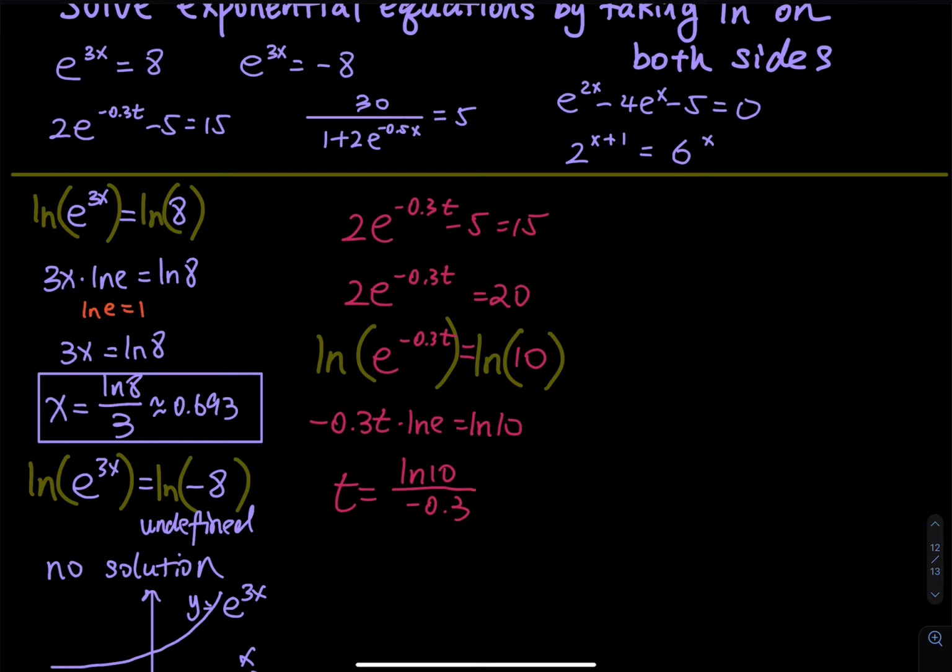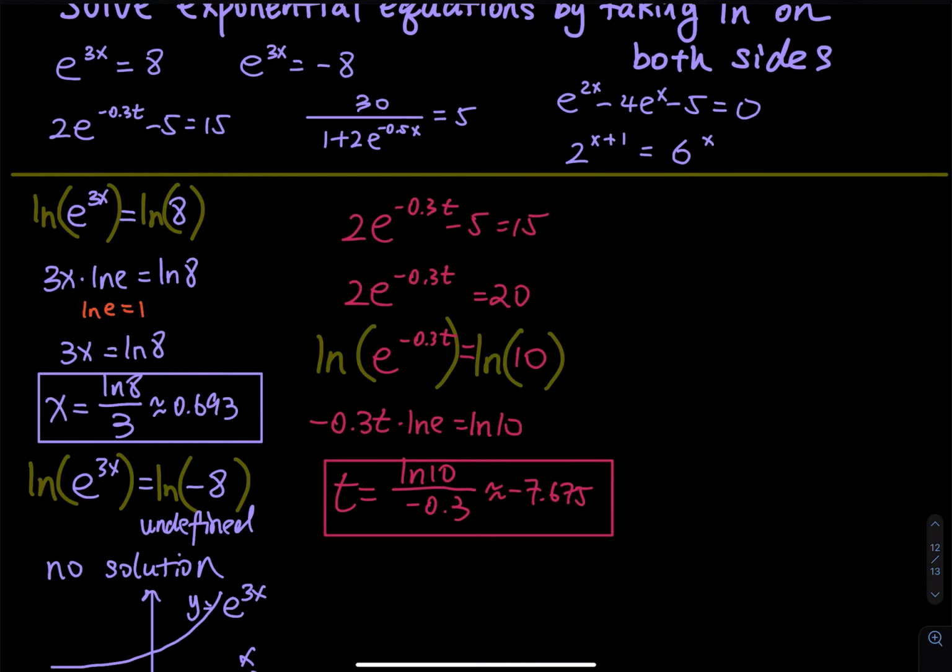This is called an exact answer. On your calculator, you type ln 10, close the parenthesis, divided by -0.3. That is approximately -7.675. And then I box my final answer.